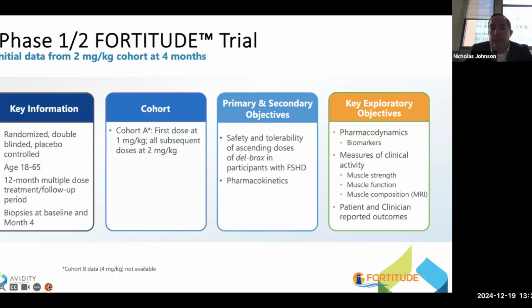So far, it's been shown to be fairly safe and well tolerated in the data that's been released so far. So we'll continue to follow along because they're still in the process of getting all the data from both the lower and the high dose cohorts at all of the time points. But I think their initial data suggested that they were getting their drug to the muscle, that they were knocking down DUX4 the way they wanted to, and that it actually had some benefit in terms of strength and function, which is great.